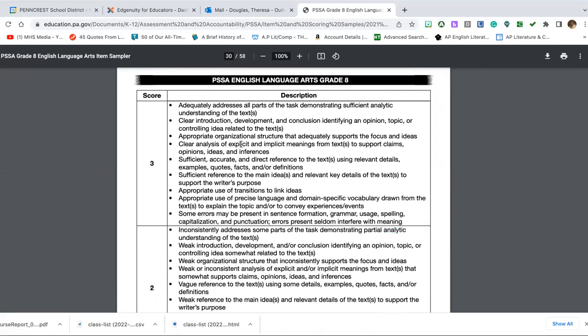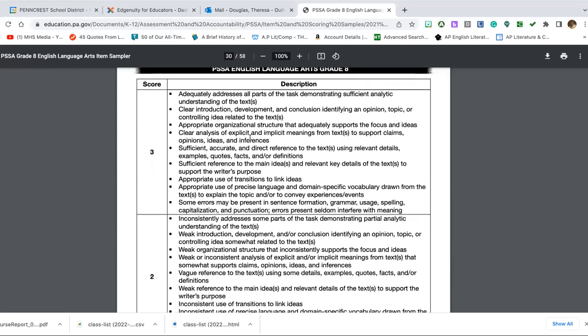That means even though you did a nice job, you didn't meet everything. There's still adequate addressing of all parts of the task, demonstrating sufficient analytic understanding, a clear introduction, development, and conclusion that identifies an opinion, a topic, or controlling idea, an appropriate organizational structure that adequately supports the focus and ideas, a clear analysis of the explicit and implicit meaning of the text to support the claims, opinions, ideas, and inferences, and sufficient, accurate, and direct references to the text, using relevant details, examples, quotes, facts, and or definitions.